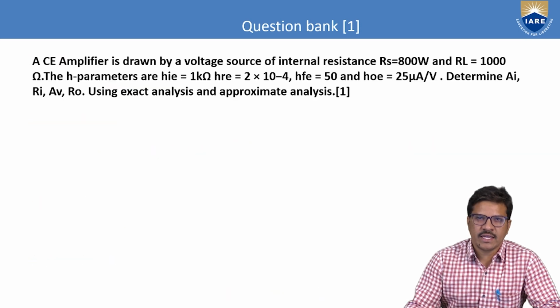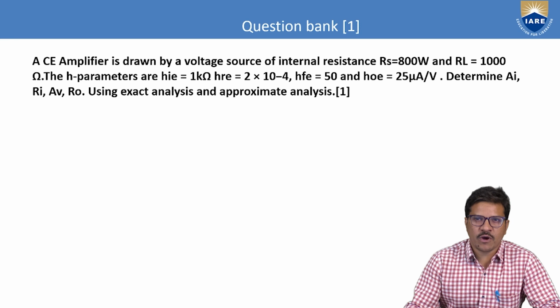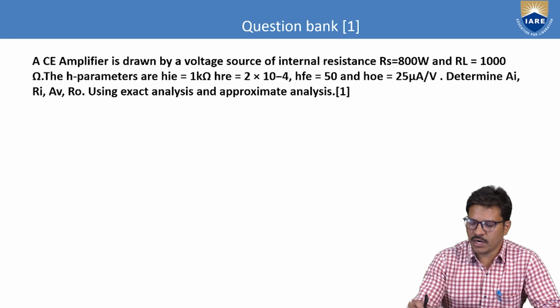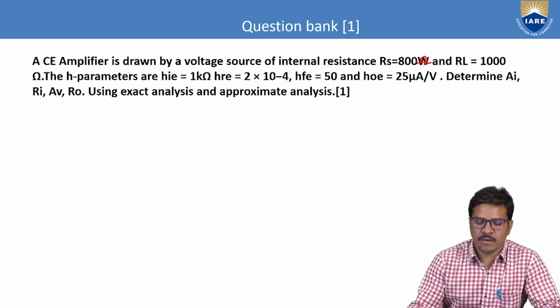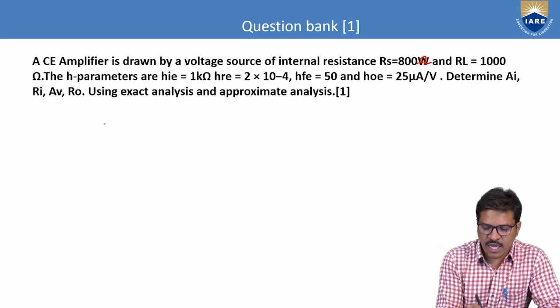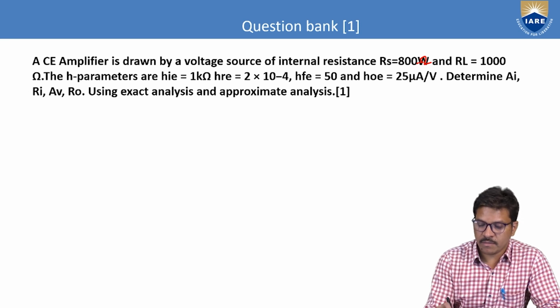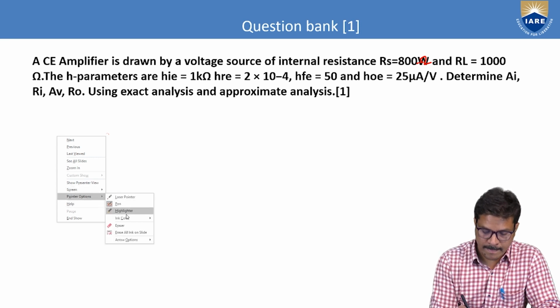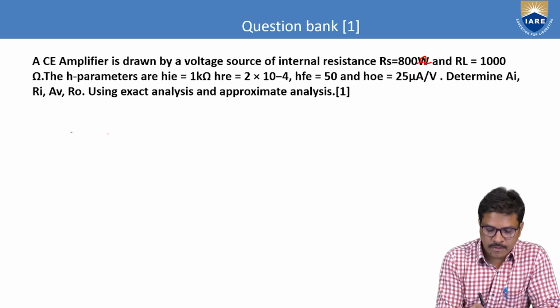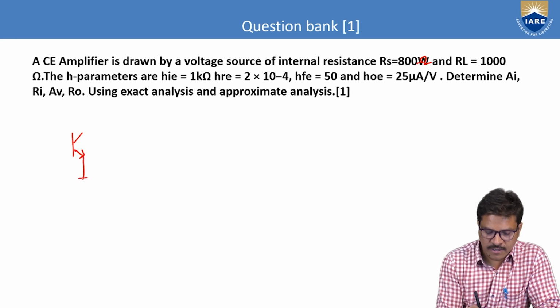Basically, in this question, a CE amplifier is driven by a voltage source of internal resistance Rs equal to 800 ohm, and RL is equal to 1000 ohm. The H parameters are given. We know that this is the common emitter configuration.